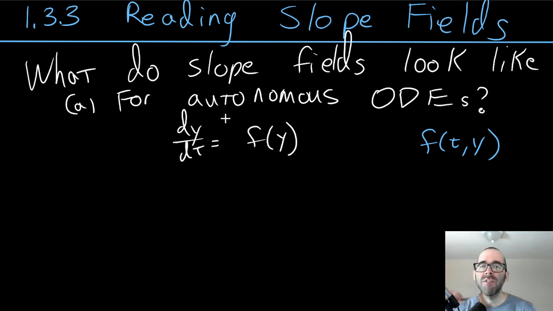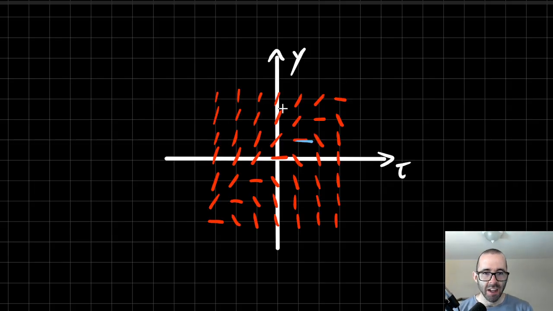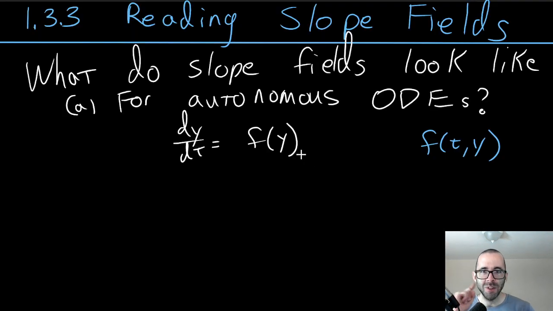It could be any function of the y value. But here the slope depended on y and t. So if you change the t value, the slope changes. If you change the y value, the slope changes. Here the slope only changes if you change the y value.